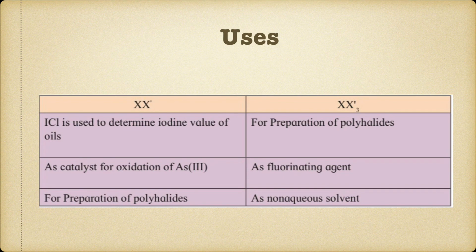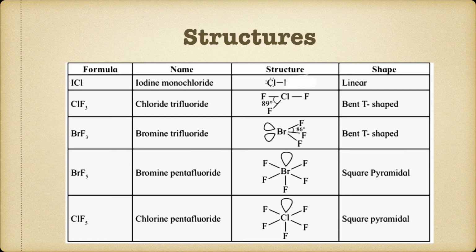First one, of the type XX'. Over here, ICl is used to determine the iodine value of oils. Next, it is used as a catalyst for oxidation of arsenic(III). Next, for preparation of polyhalides, and the uses of XX'3 are for the preparation of polyhalides, as fluorinating agents and as non-aqueous solvent.